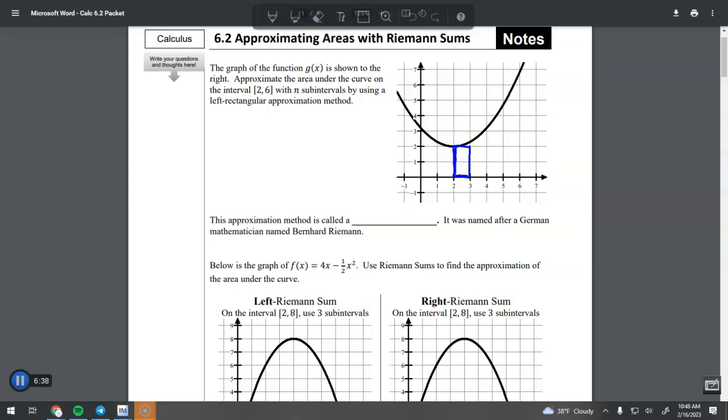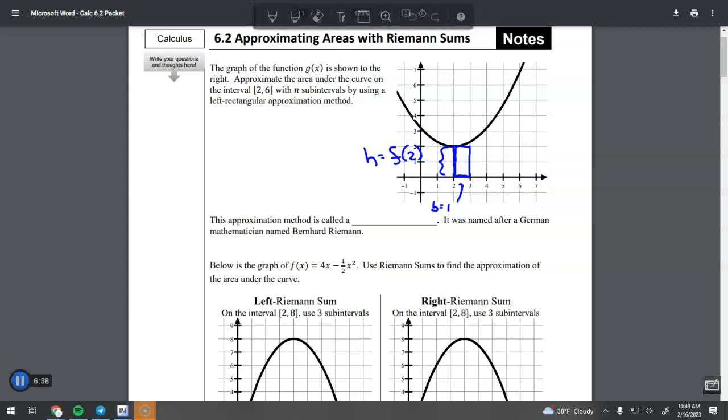I know it's an underestimate, but we're just trying to estimate. And then I'll go from 3 to, so this is a base of 1. And the height is f of 2. So when I plug 2 into whatever this equation is, that's going to be the height that I get. Does that make sense?